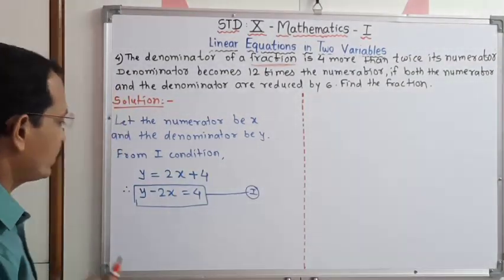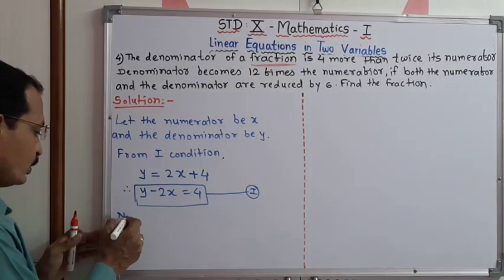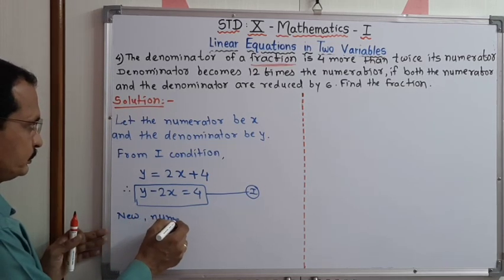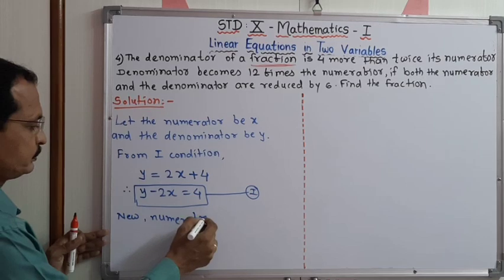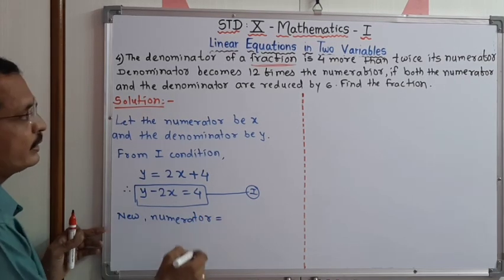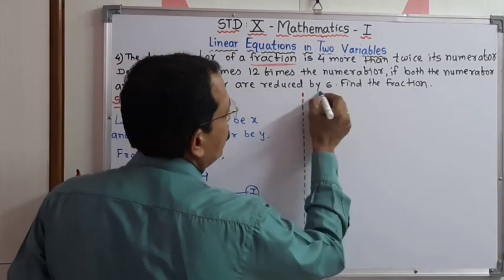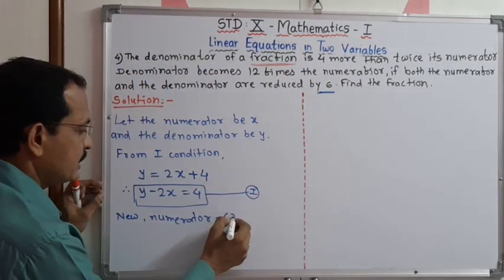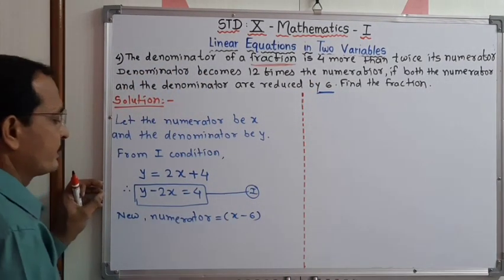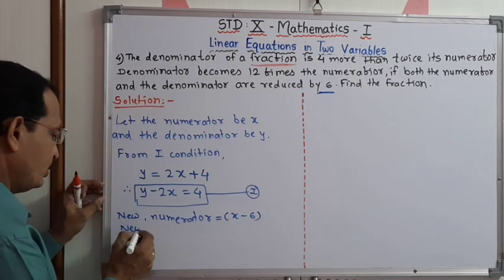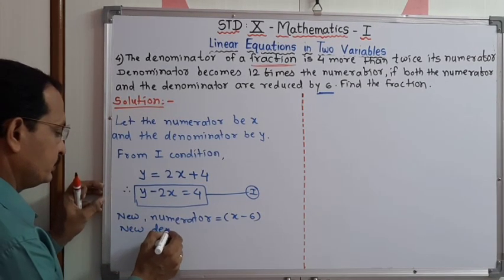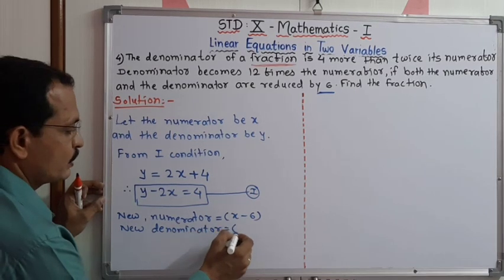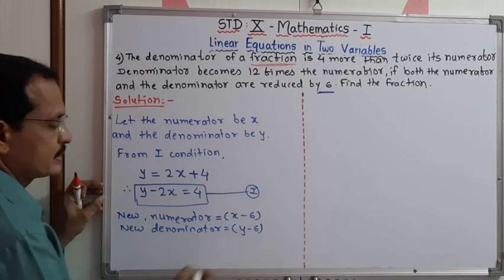Therefore, first of all, we have to write here the new numerator. How do we get it? We have to reduce by 6. That means it is x minus 6, and the new denominator is equal to y minus 6.